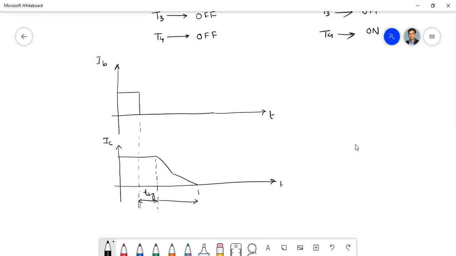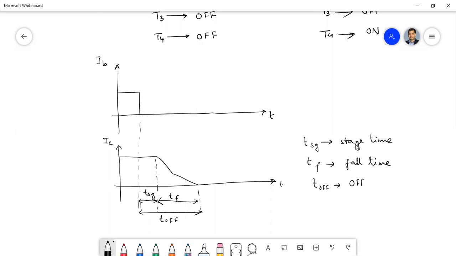And the rest of the time is called the fall time, and this total time is called the off time. So we can write off time.